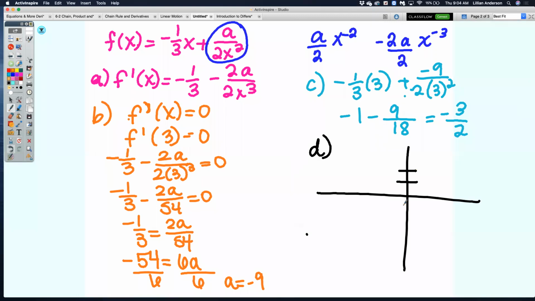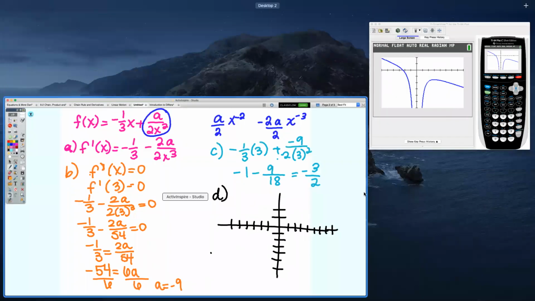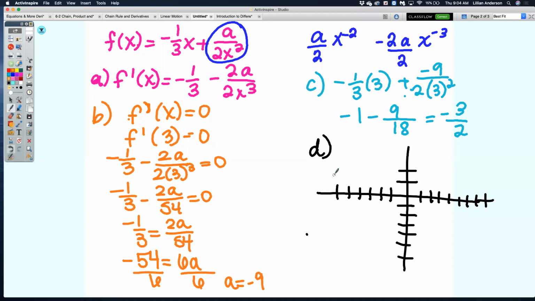One more time because I forgot. I got a little maximum around 2, 3. Make sure I stop before 8.